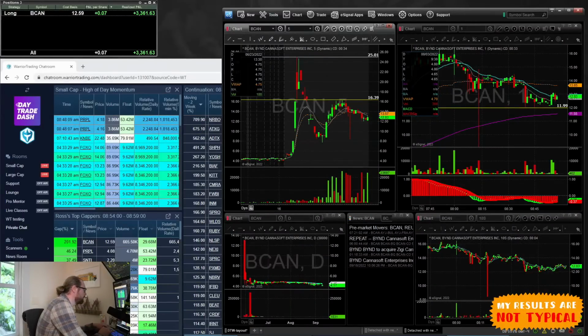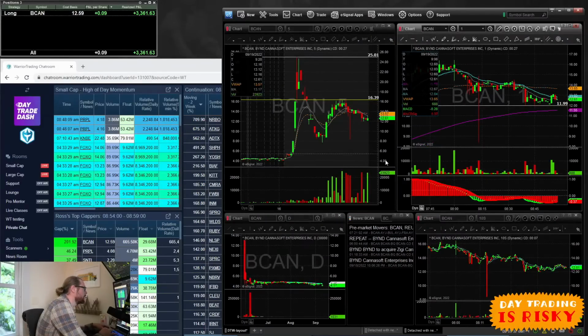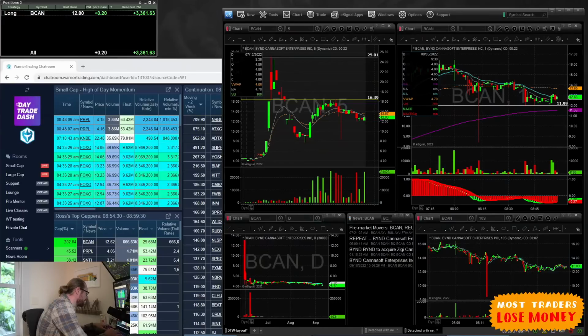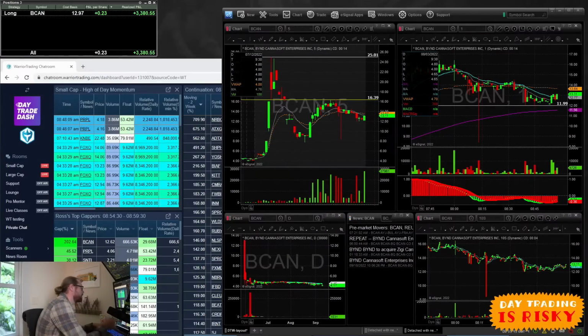All right, so high back here was 13.12 or so. So watching this area, added back there at 82 for the break of 13.20. And added right there at 13.05. So now as we see it coming up, we're looking for 13.25, holding 700 shares.